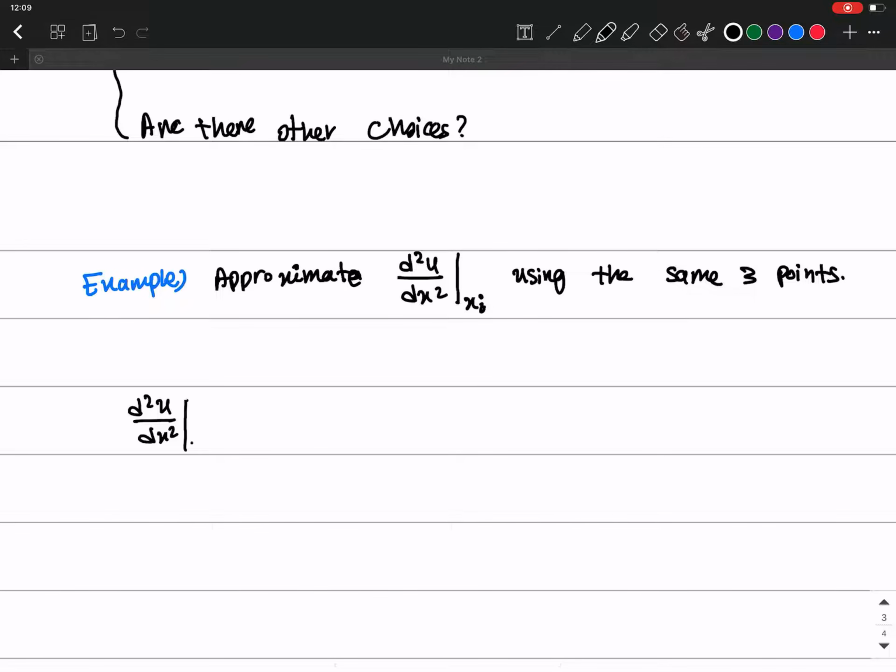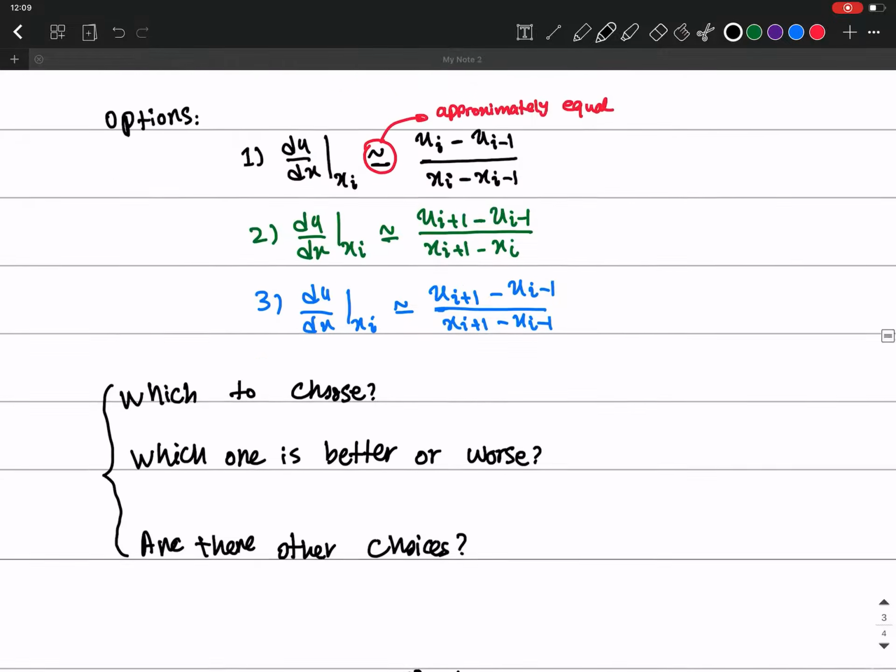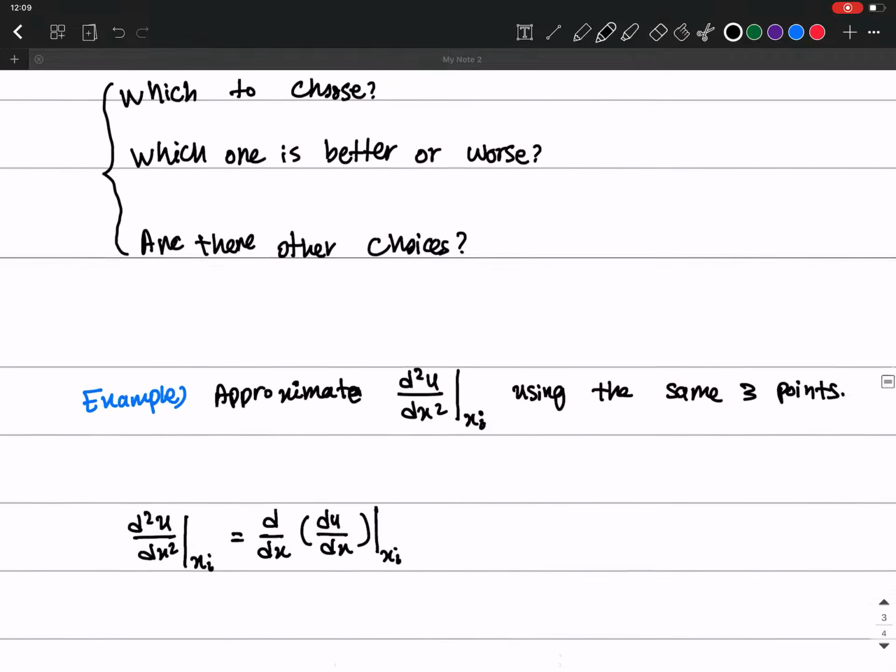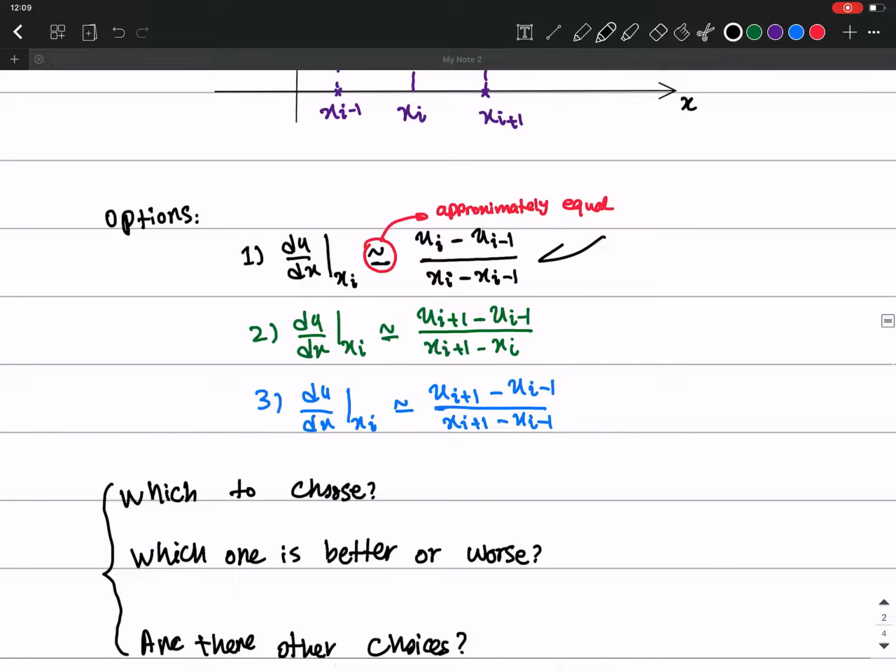I can write d square u over dx square as d over dx of du over dx at xi, and treat du over dx as a function, like u here.